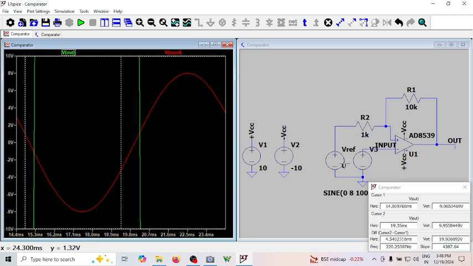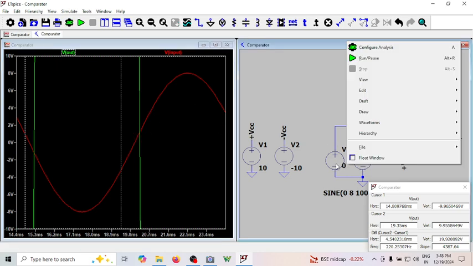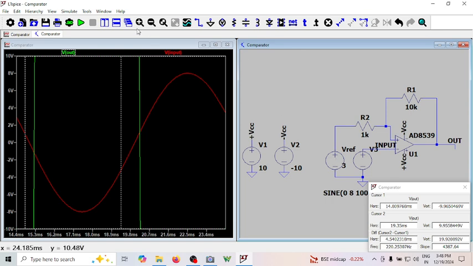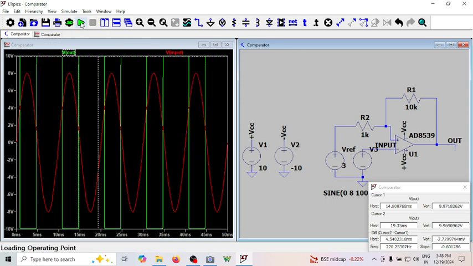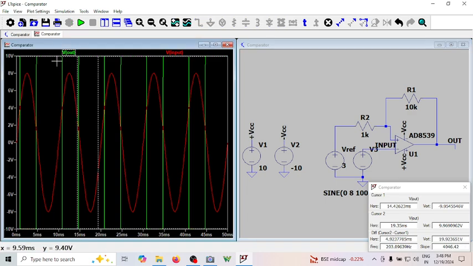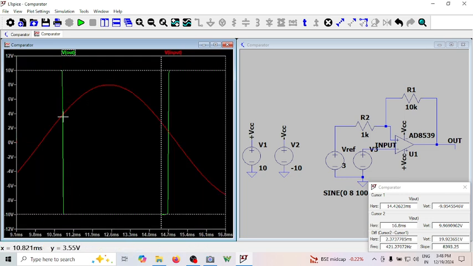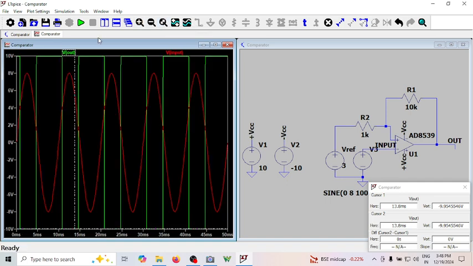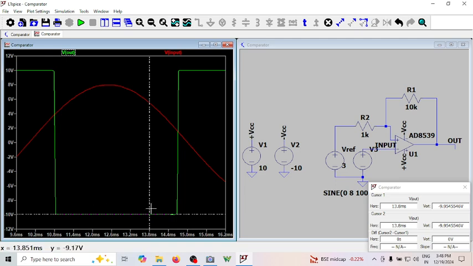So you can just play with this and make V reference equal to 3 volts. Then your VTH, VTL will change, and measure again the input voltage at which output makes a transition from plus to minus and minus to plus. Let me zoom an area where you can see both transitions.